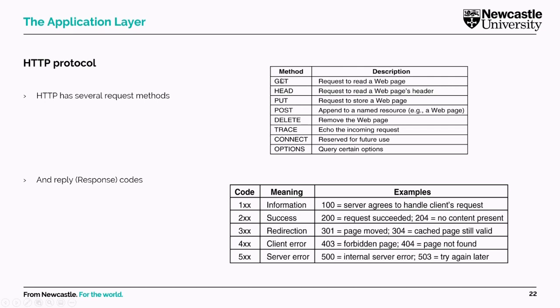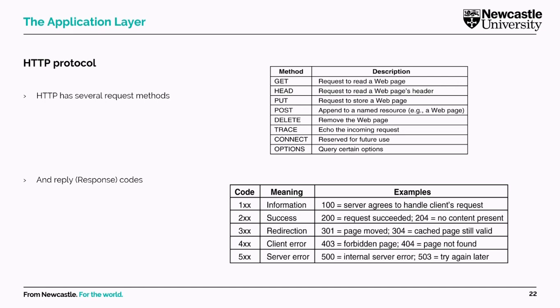Most commonly, you have HEAD to request the header of a web page. You have PUT, that's a request to store a web page, and you have POST, which is similar to a PUT but not quite the same thing. POST is more of an append, whereas PUT replaces the web page with a new one. If you're filling out a form on the web and you submit that form, that's typically a POST or a PUT request. And then you have other types of requests.